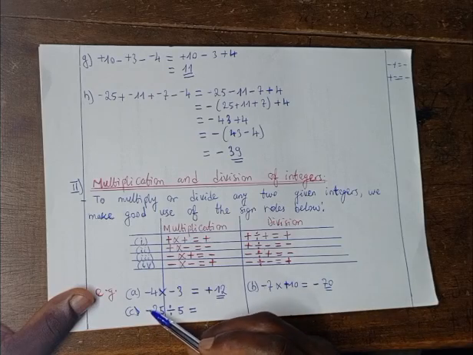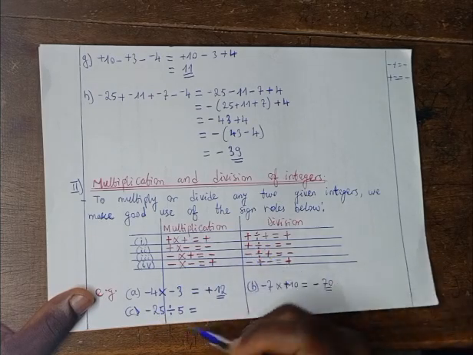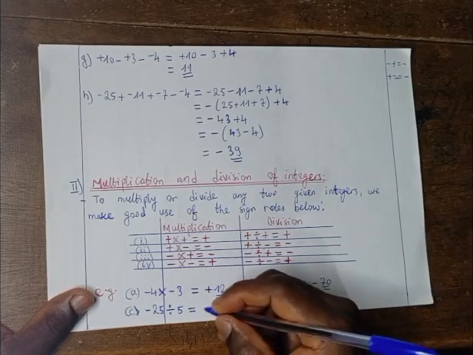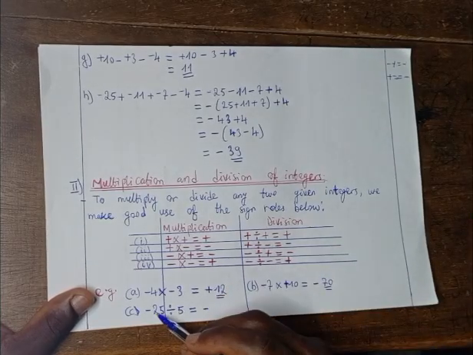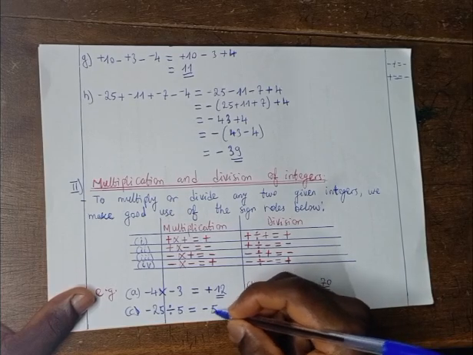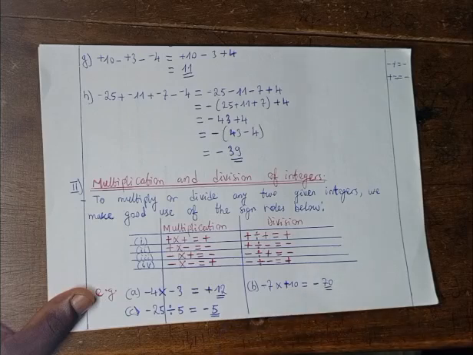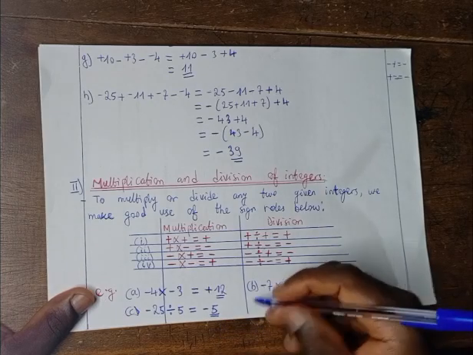So in this case, we are dividing a negative number by a positive number. So the result will be negative. And if we divide 25 by 5, we know it gives us 5. Therefore, negative 25 divided by 5 is equal to negative 5.